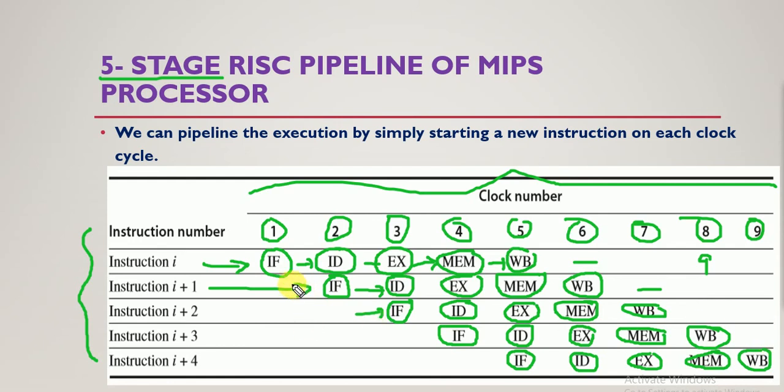Then instruction I plus 2 arises, it will take 5 more clock cycles. Then I plus 3 arrives, 5 more clock cycles. Again I plus 4, 5 more clock cycles. So for an unpipelined processor, if the system needs to execute 5 different instructions, it will take 5 plus 5, 10, 15, 20, 25 clock cycles for the completion of these 5 instructions.